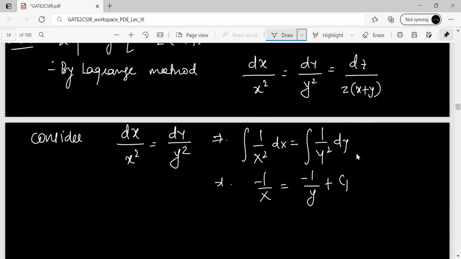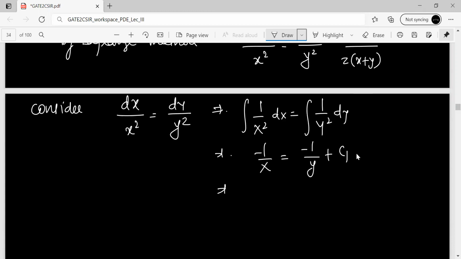Okay. So from here, what I can do, I can multiply by the minus sign, and then I'll be getting here 1 upon x. This will be plus, but again, I'll take it here. This is minus c1, so I'll call it some c1 dash. This is a constant. So I got this thing.